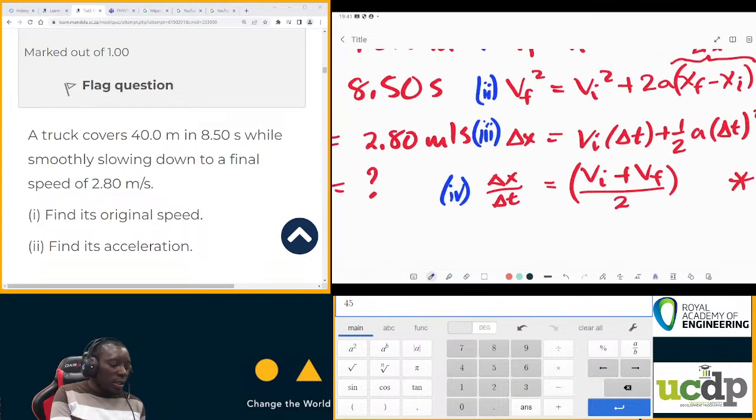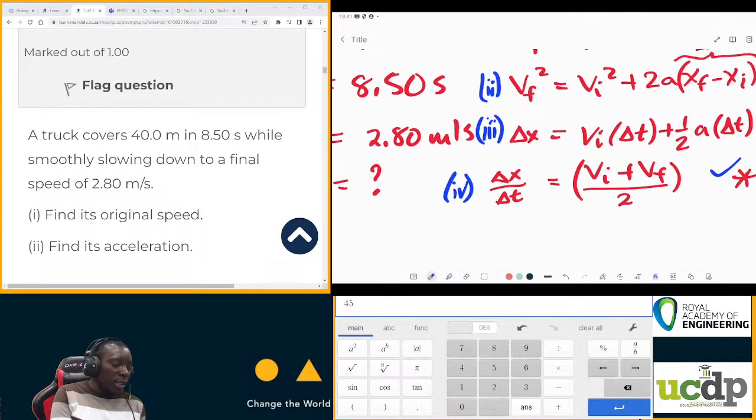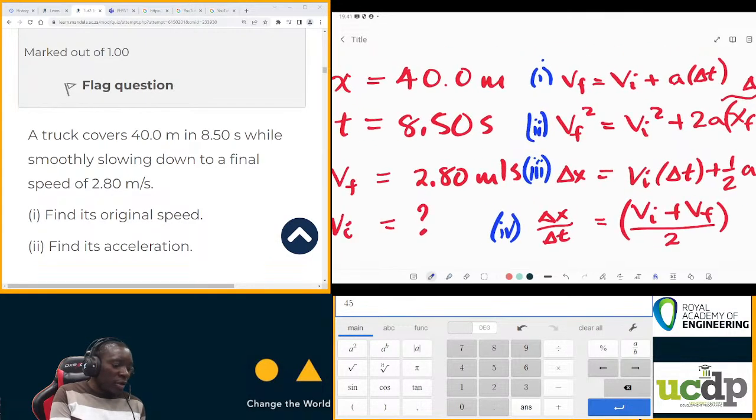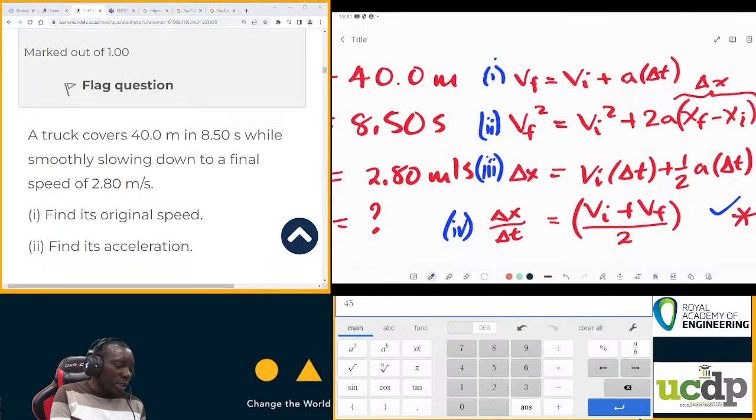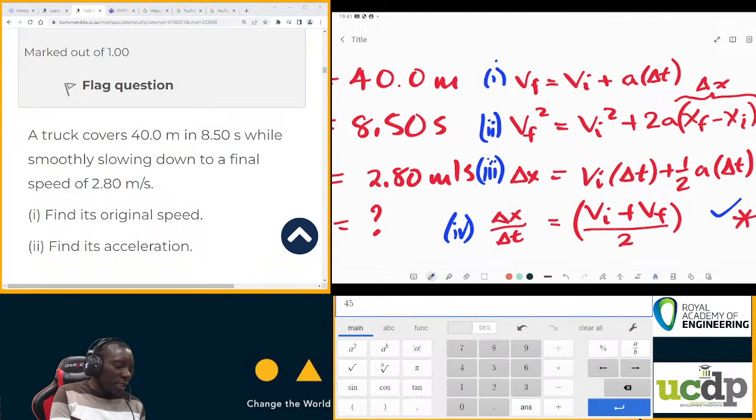This is the best one to use. You could also use equations 1 and 3 to eliminate acceleration, and since delta t is given, Vi remains as the only unknown. So 2 equations can also help you solve for 2 unknowns.